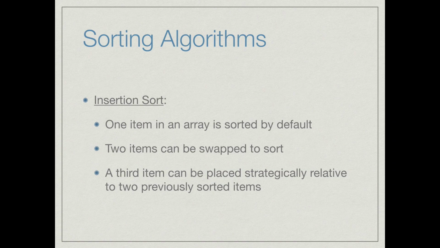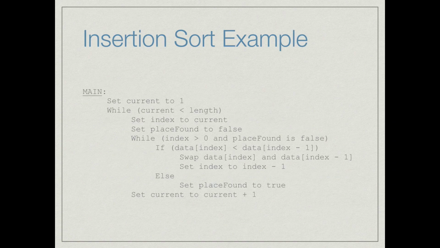So the algorithm for this guy, a little more condensed than the others. So we're going to deal with whatever current value. We're going to start with 1 because, again, if you only have one element in the array, then it's sorted by default. So we're going to assume that the element in array index 0 is already sorted.